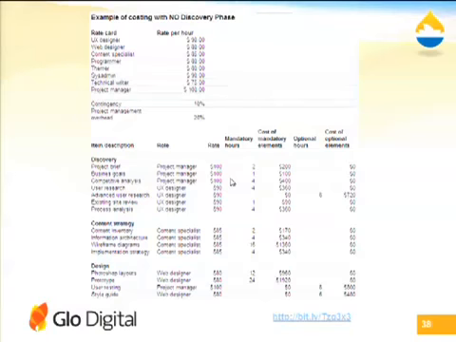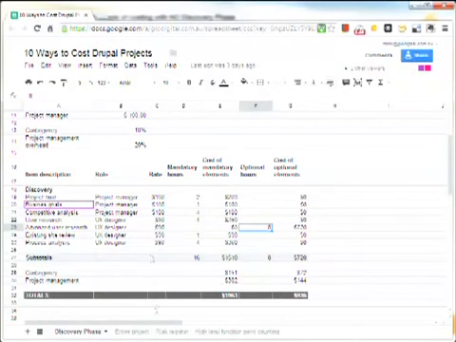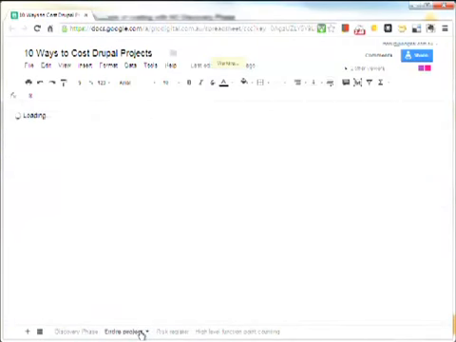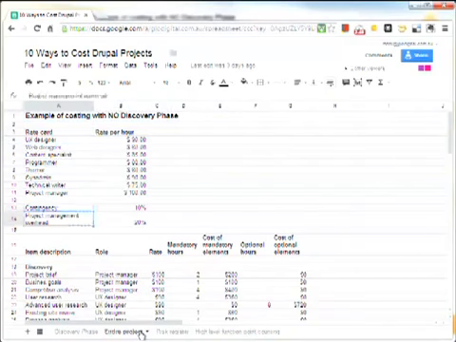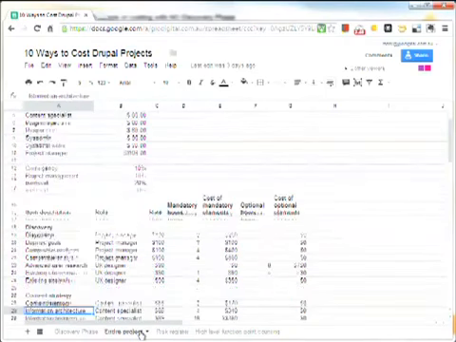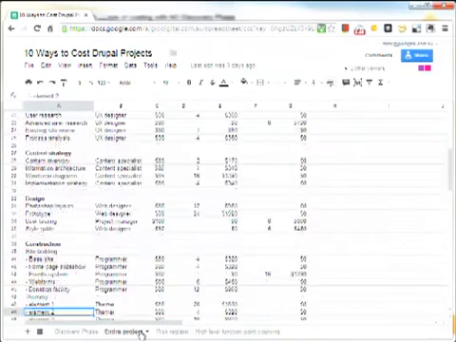We'll move to the next sheet. Where is it? There. Okay, the entire project. It's a very similar sort of spreadsheet to the last one. We've got a discovery phase, but we've got to include a whole bunch of other things now. So we'll include all our methodology, and we've got to make some sort of guesses there.